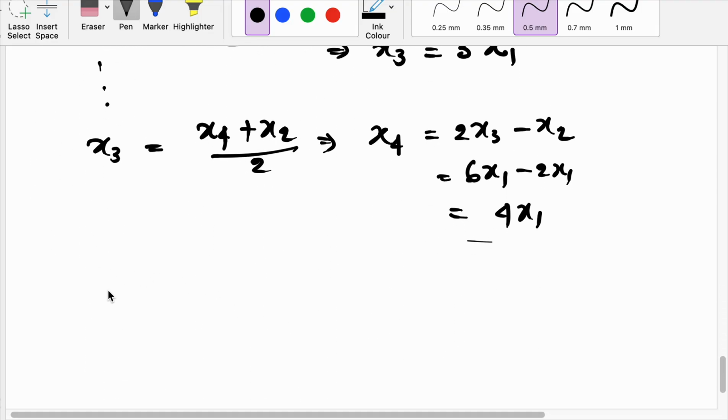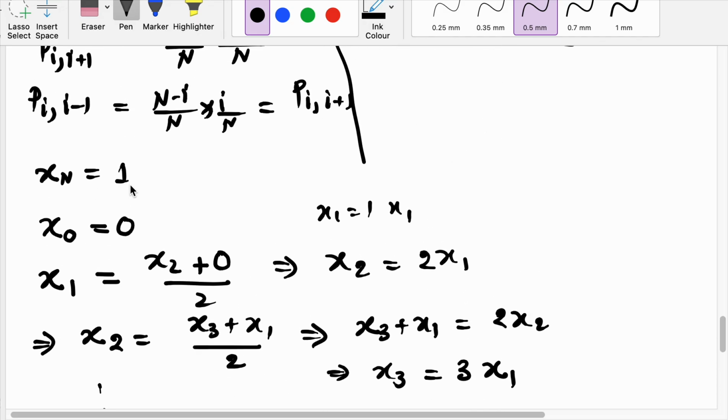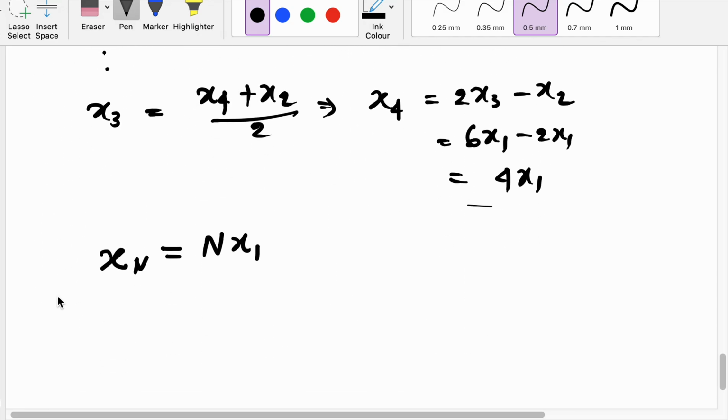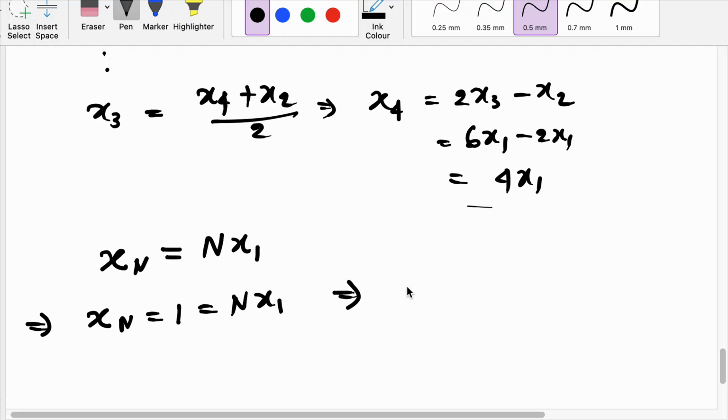Now I can know that the xn value, if I go this way, should be n x1. But from our known knowledge we know that xn should be 1. So xn equal to 1 equal to n x1. That means the value of x1 will be 1 by n.